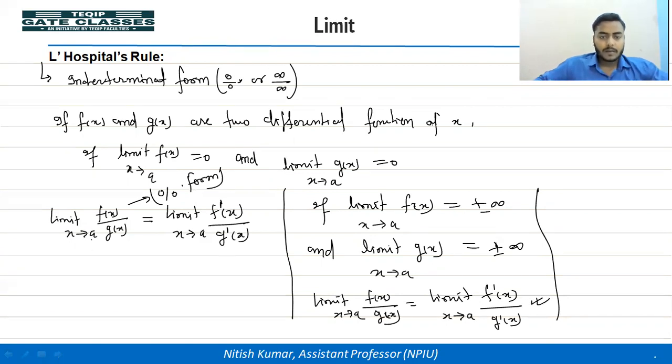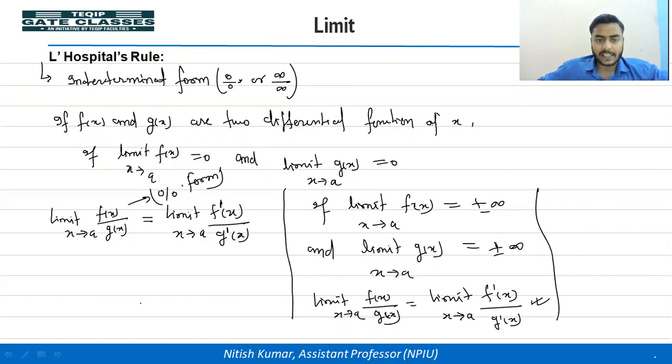Okay. The definition you can say, the L'Hopital rule says that the limiting value of a quotient will be equal to the limiting value of their derivatives. But it is possible when the form is 0 by 0 or infinity by infinity, right?